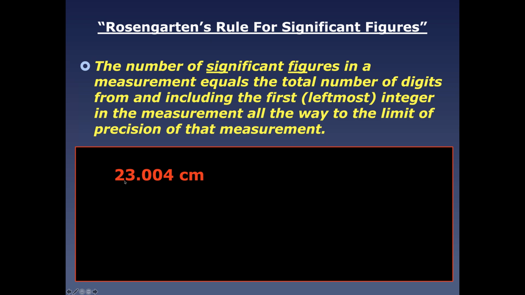So from the first integer all the way to the end, the number of digits in that range is the number of significant figures. There are 5 significant figures in this measurement. Because the first integer is the 2, the precision is where that 4 is, so all the digits are sig figs. And by the way, there's a rule that may make this a little easier for you.